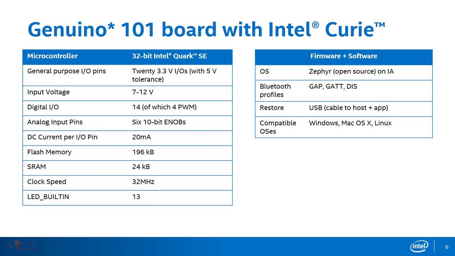It features a 196 kilobytes flash memory and a 24 kilobytes SRAM and runs up to a clock frequency of 32 MHz. If we talk about the firmware support, it runs Zephyr, an open source operating system. It has also got one USB module and a JTAG debugger.